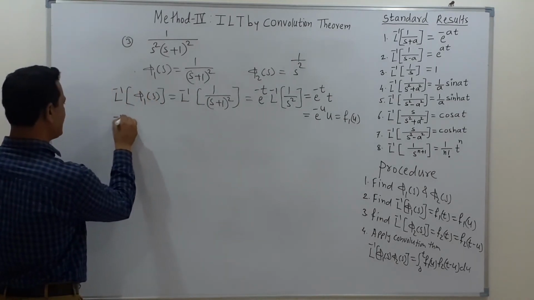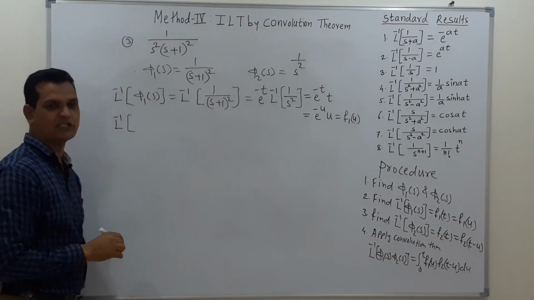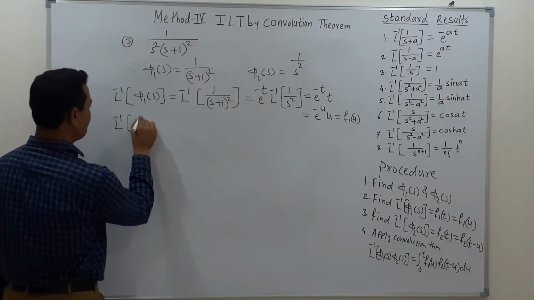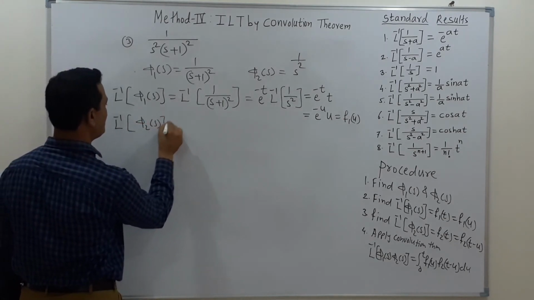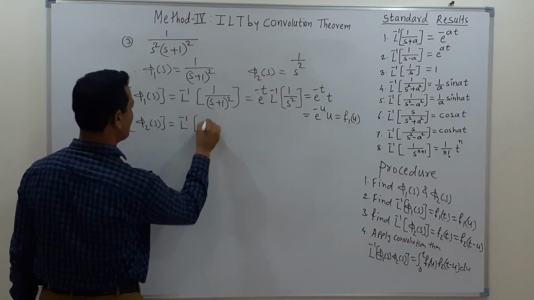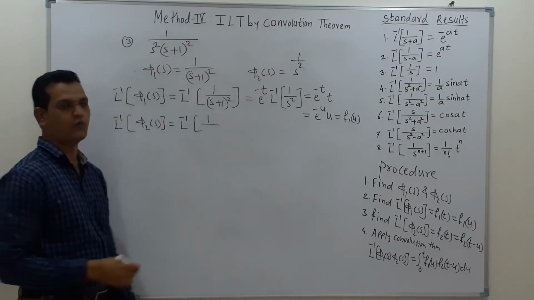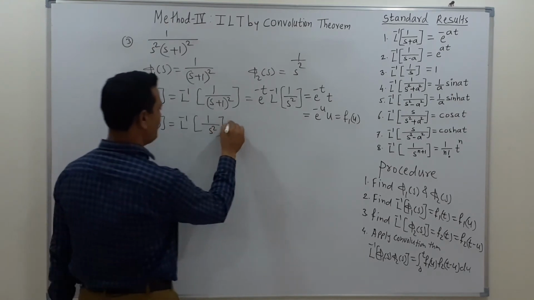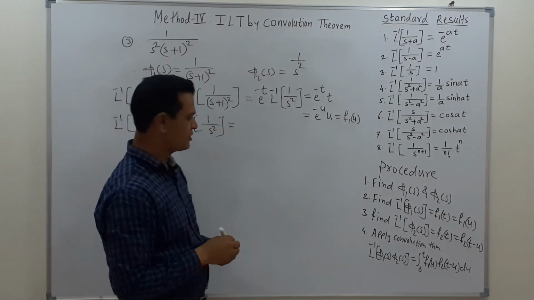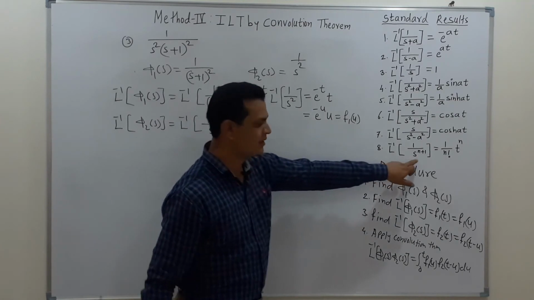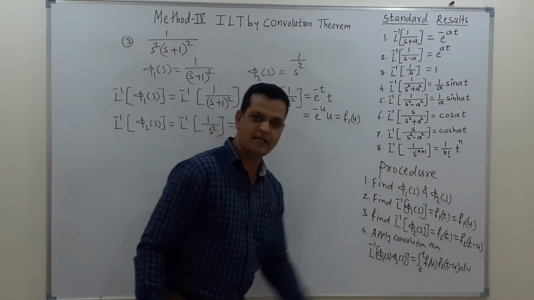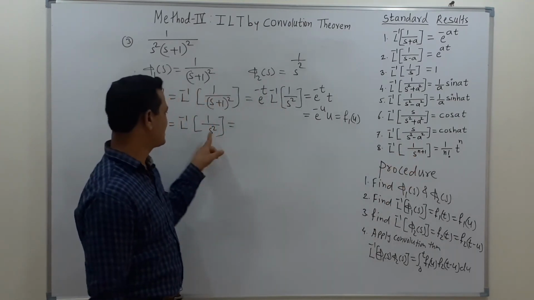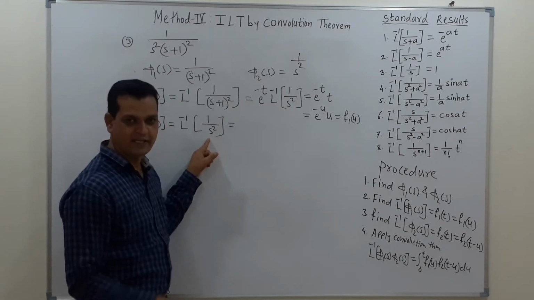Step number 3 says that find out the inverse Laplace transformation of phi 2. The value of phi 2 is 1 upon s square, and this equation is in our standard form number 8, 1 upon s raised to n plus 1, its inverse Laplace transformation, where the value of n is 1.